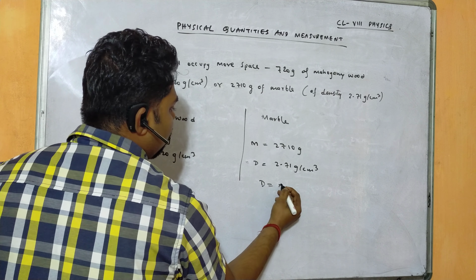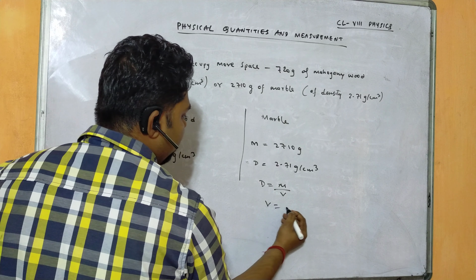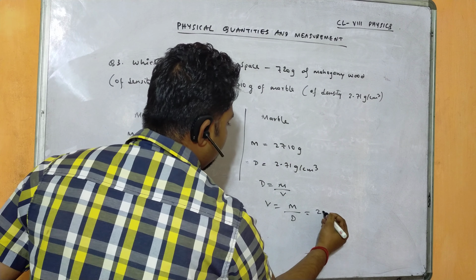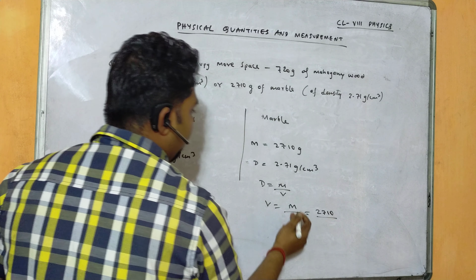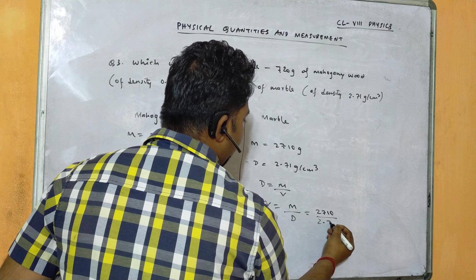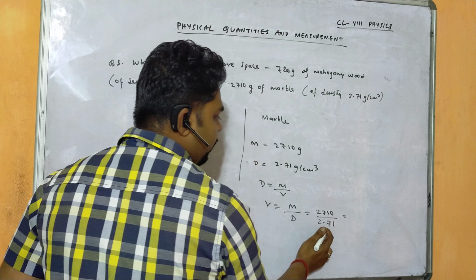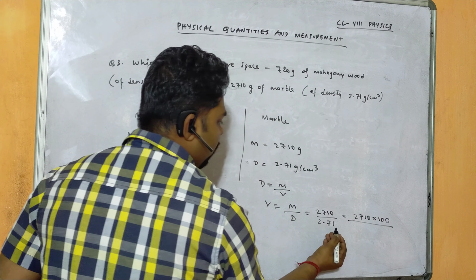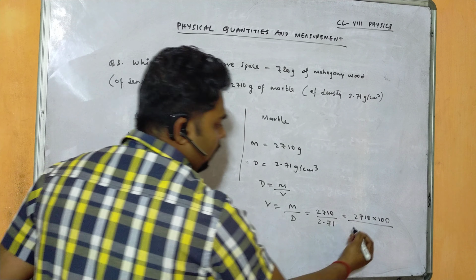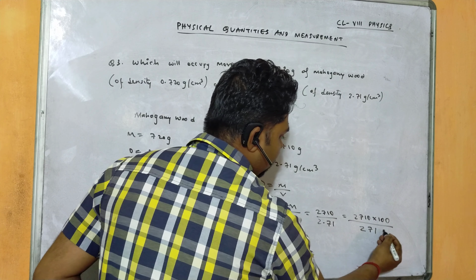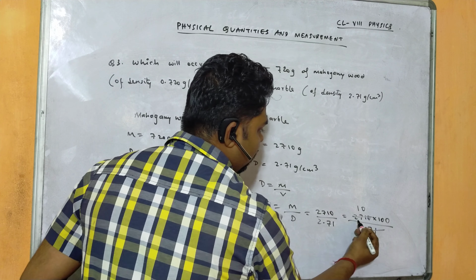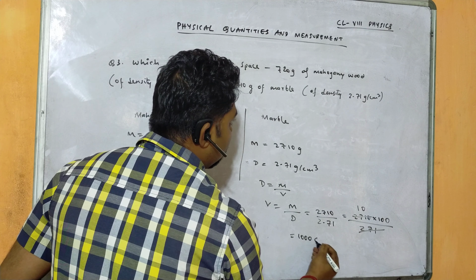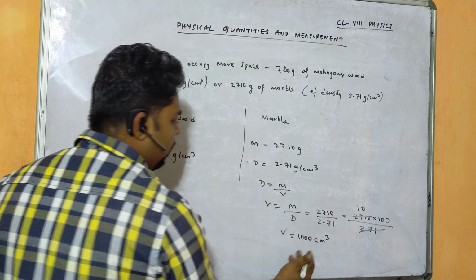We know density equals mass by volume, or volume can be written as mass by density. So what is the mass here? 2710, and density we have 2.71. If this point is removed, then 2 zeros will go out, because after 2 digits the point is there. That means 271 into 10 is 2710, so 10 into 100, that is 1000 centimeter cube, right? This is the volume.